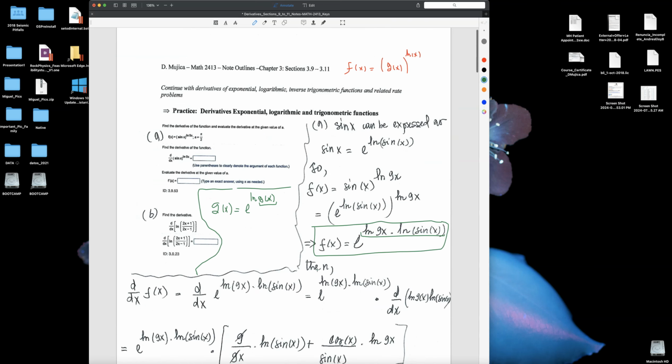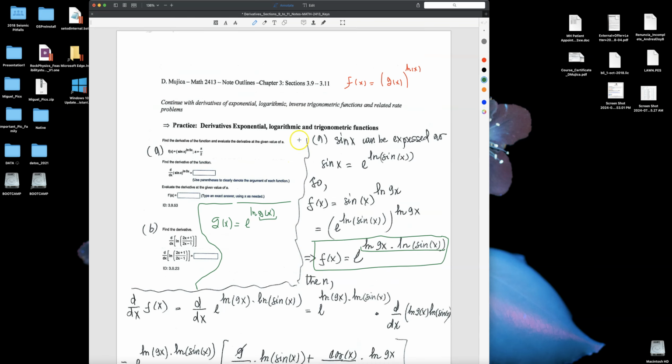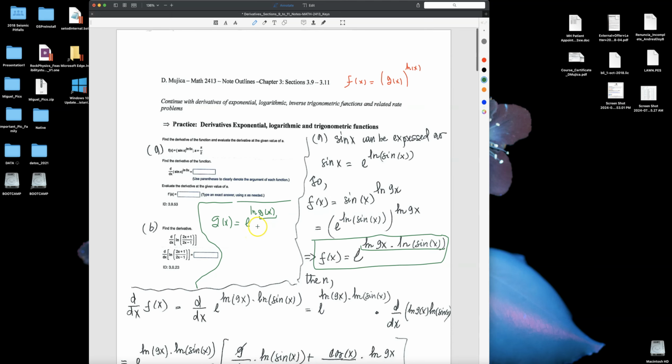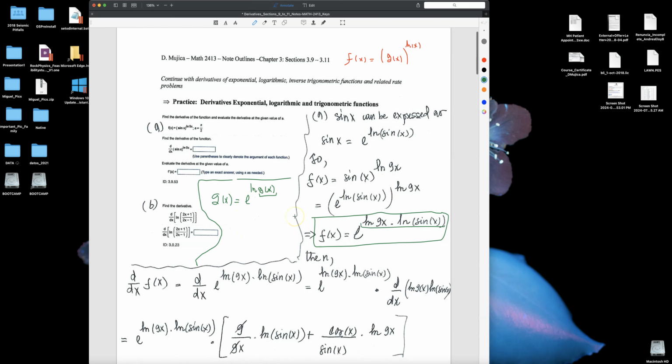The tricky part is to know that whenever you have expressions like this, you can express the base of the function as an exponential function. You use the fact that the natural log is the inverse of the exponential to express it in this way. That's the comment that I want to make.